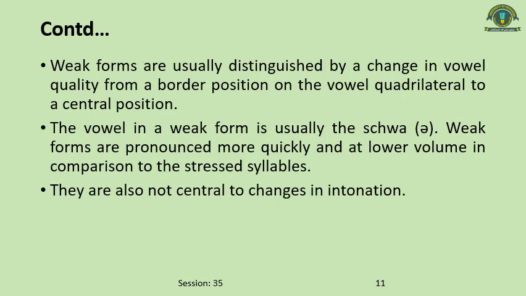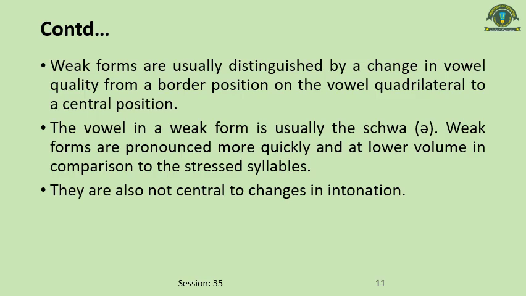Now there are certain things you must remember, certain points. For example, the very first point regarding weak forms is that weak forms are usually distinguished by a change in vowel quality from a border position of the vowel quadrilateral to a central position. Okay?